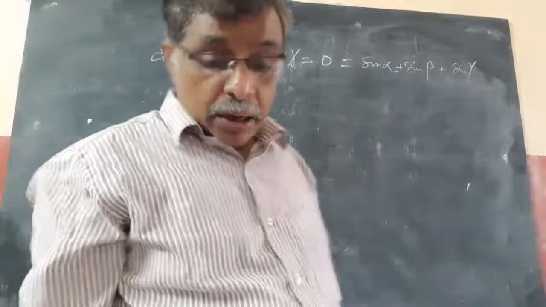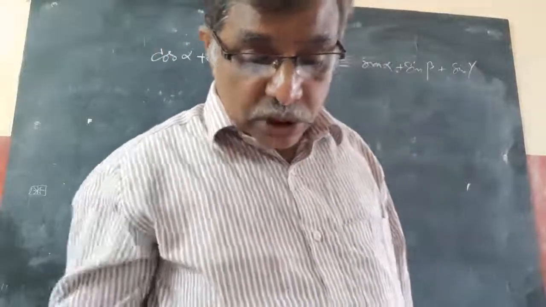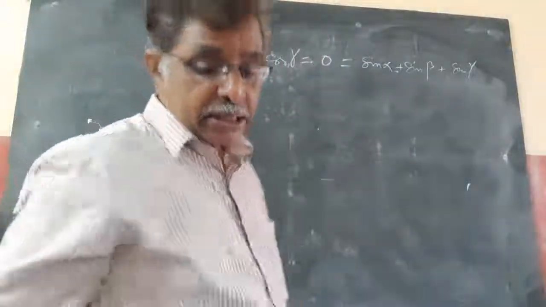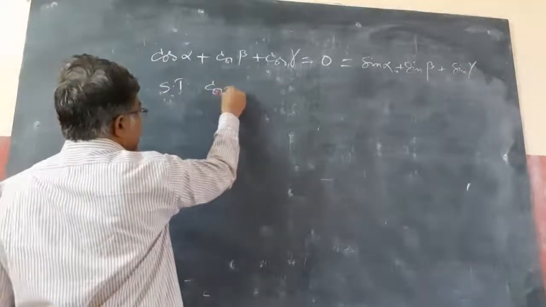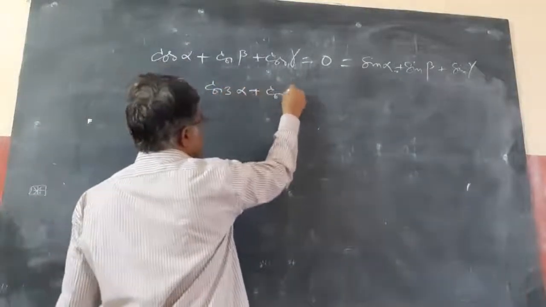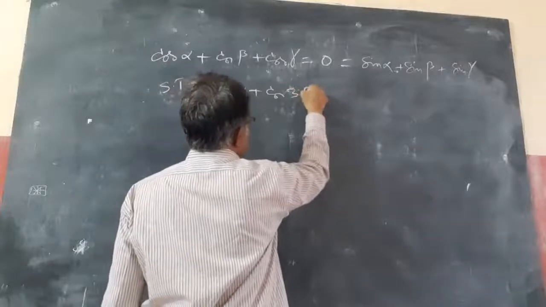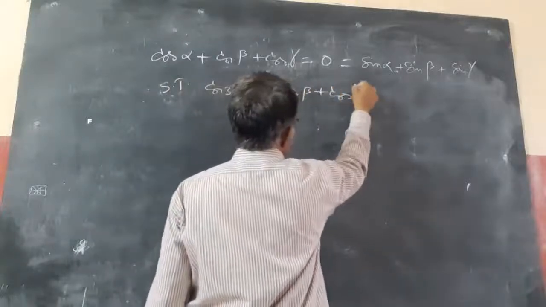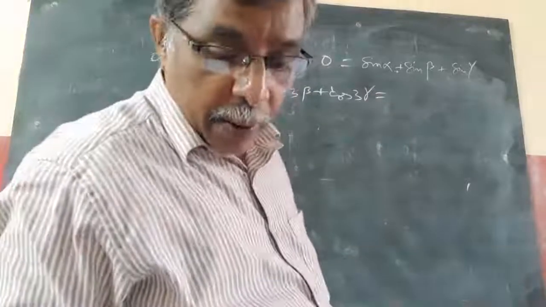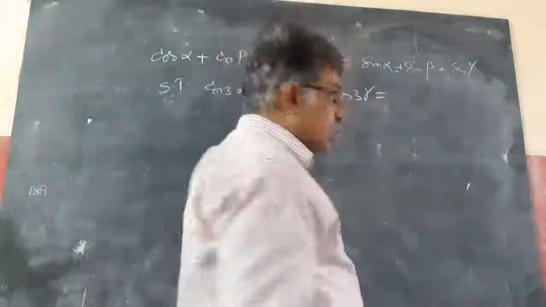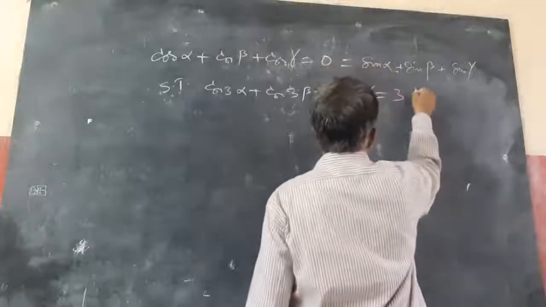Now, what is asking to prove? If this is true, then it is asking to show that cos 3 alpha plus cos 3 beta plus cos 3 gamma equal to 3 into cos of alpha plus beta plus gamma.